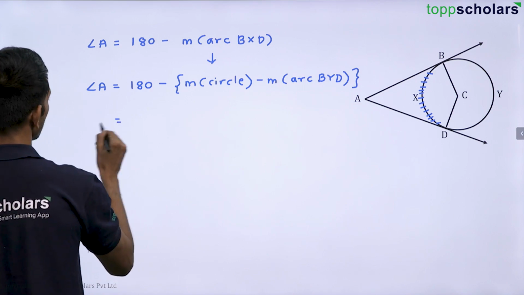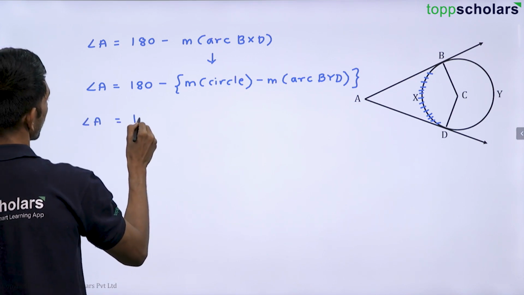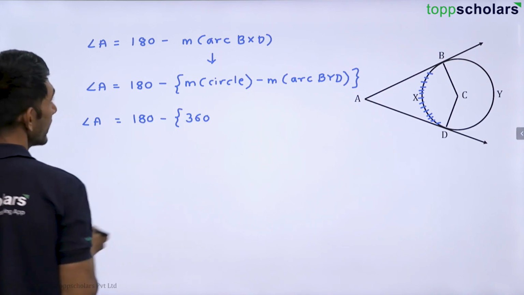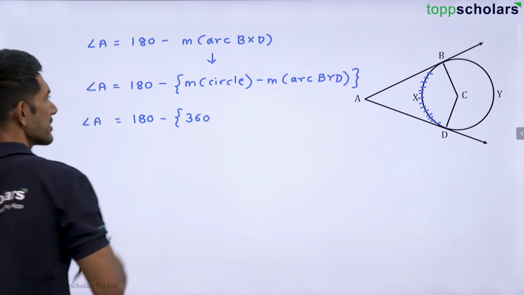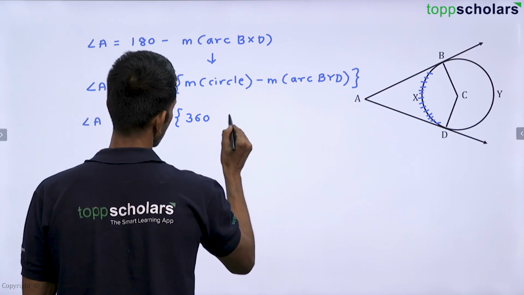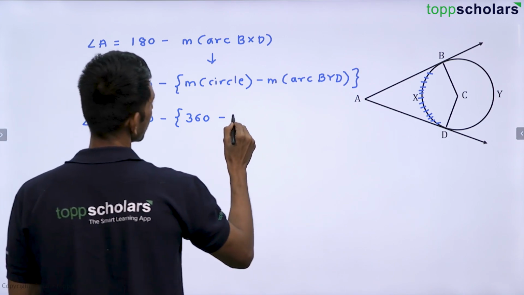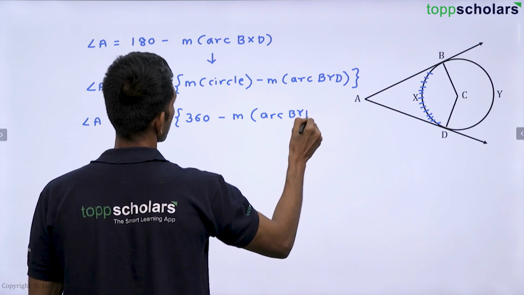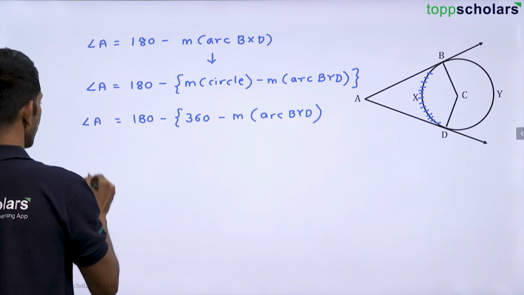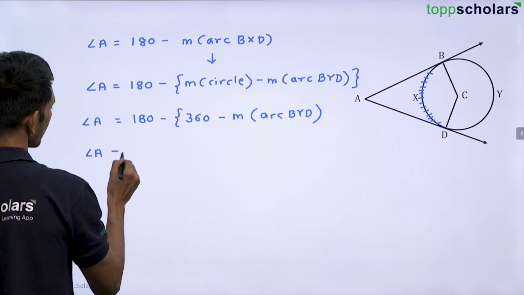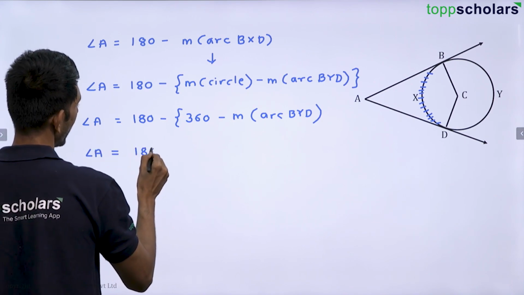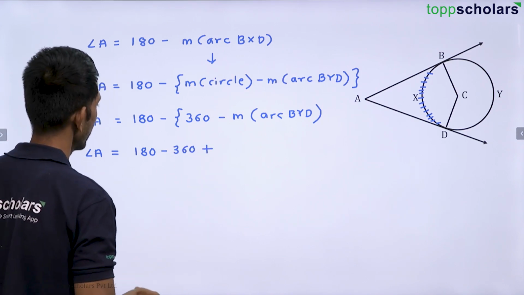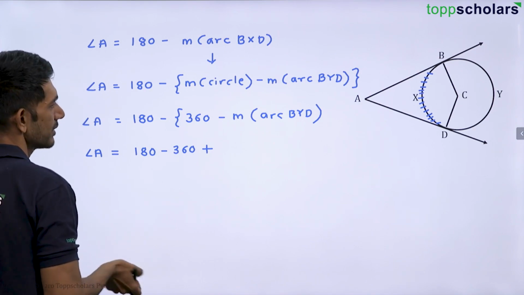So that is equal to 180 minus 360, and this is minus measure of arc BYD.